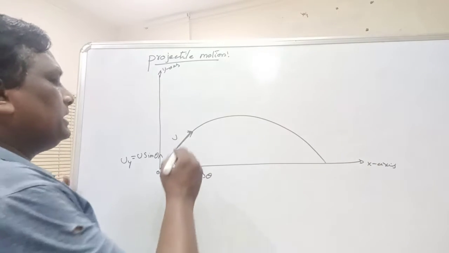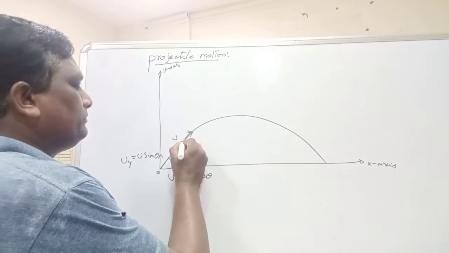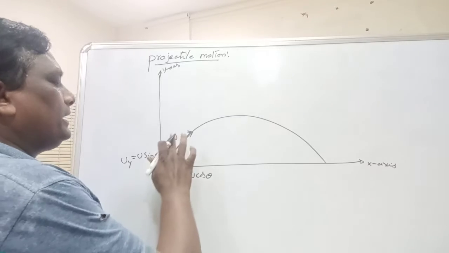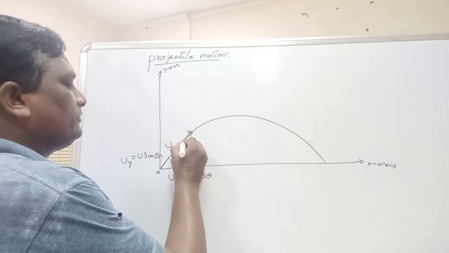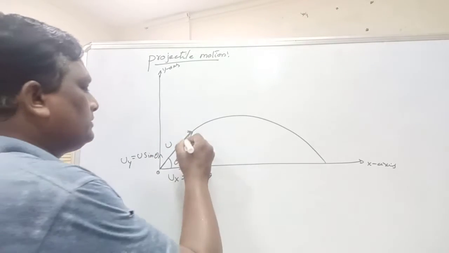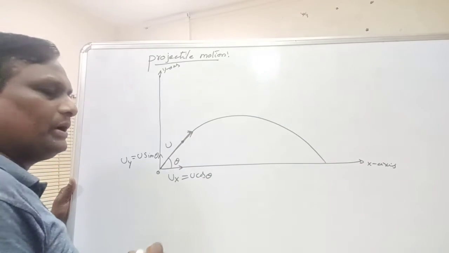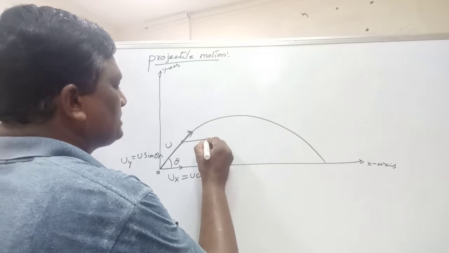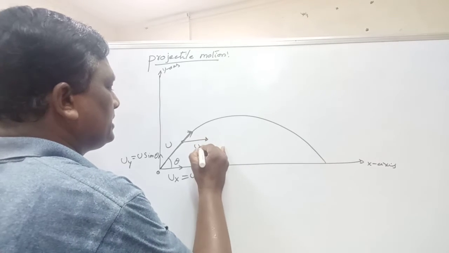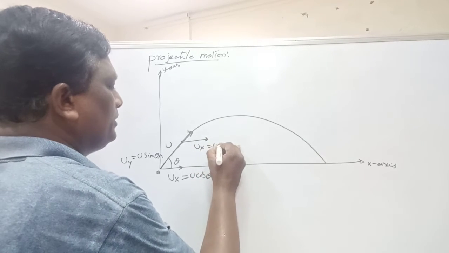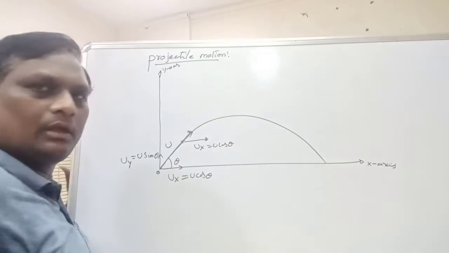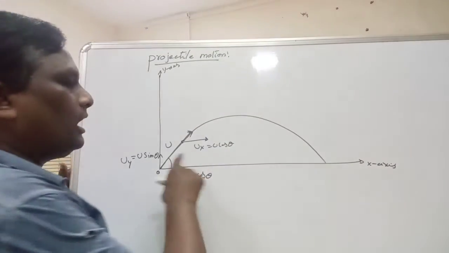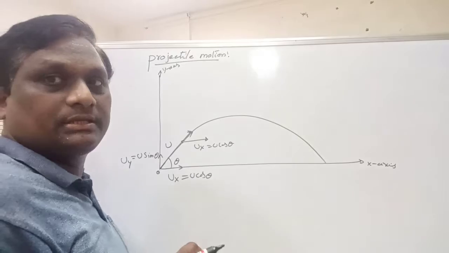Now see the velocity of the body at any point. At this point, the horizontal velocity ux is equal to u cos theta only. That means the horizontal velocity does not change. Why?